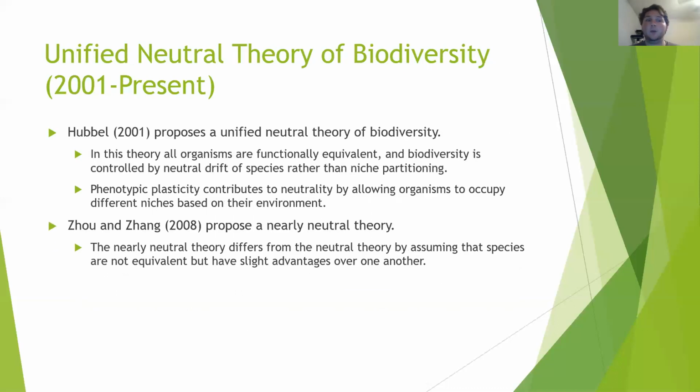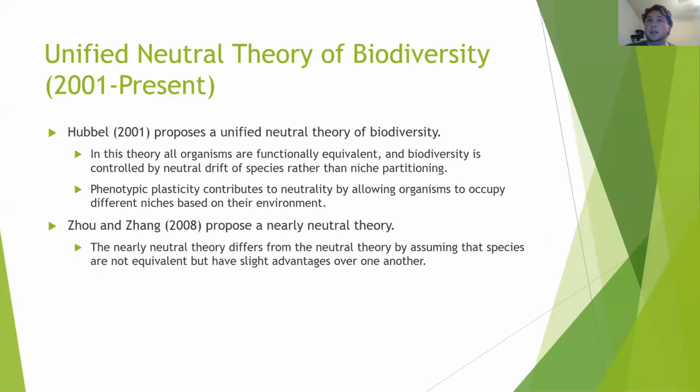So then from there, we kind of go to the unified neutral theory of biodiversity, which was proposed by Hubbell in 2001. And he proposes this to say that all organisms are functionally equivalent and that biodiversity is controlled by neutral drift rather than niche partitioning.